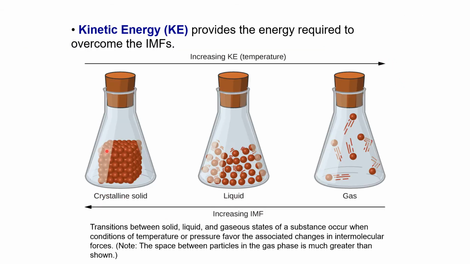So let's say we have some solid here. We have any kind of solid crystal here, and so there are intermolecular forces, IMFs, holding this lattice together. But if we start to heat this up, so this is a block of ice in here, right? We already talked about in previous lectures that heat being added to a system causes the particles to vibrate faster and faster.